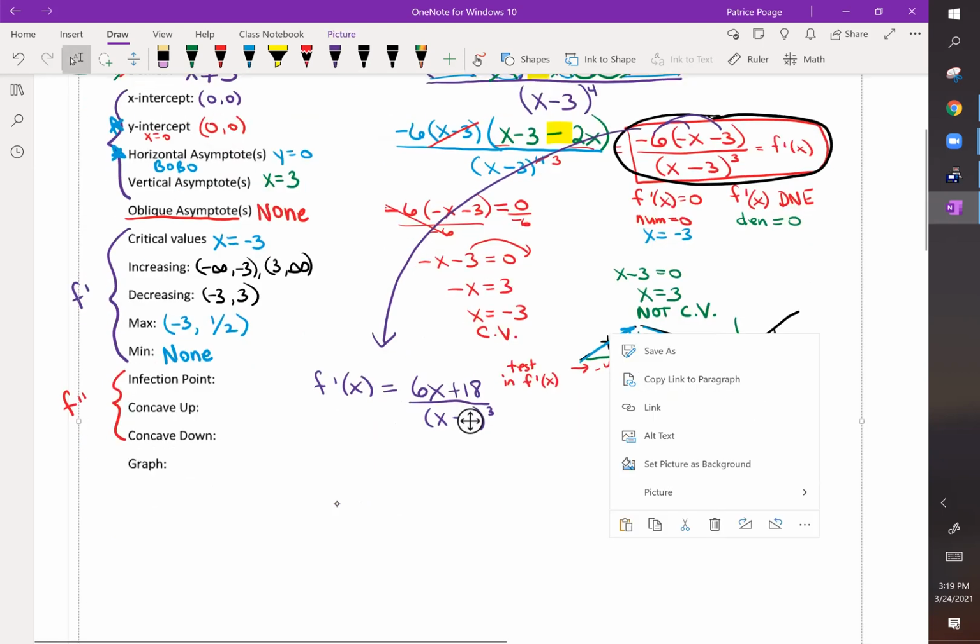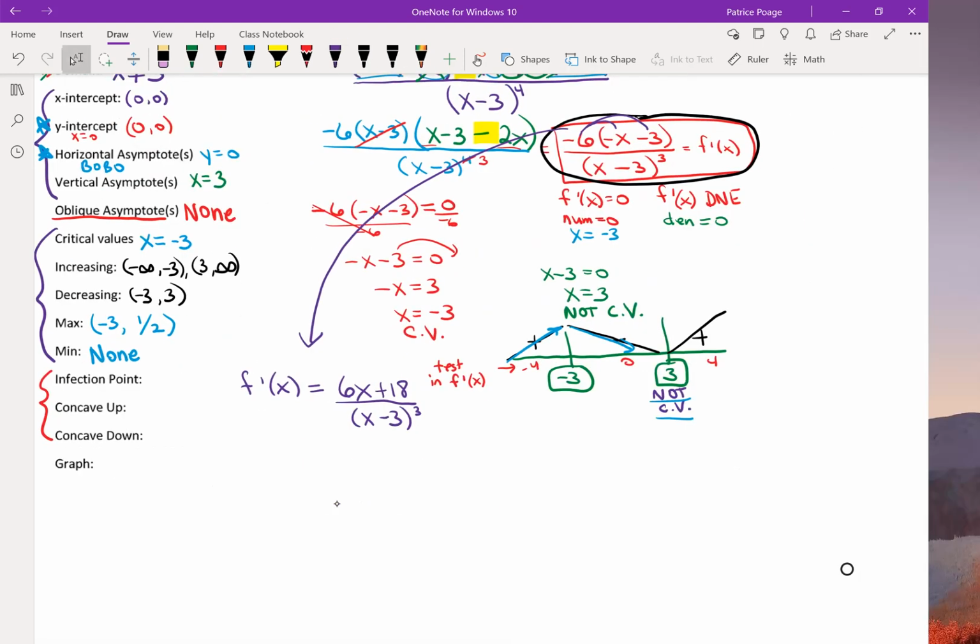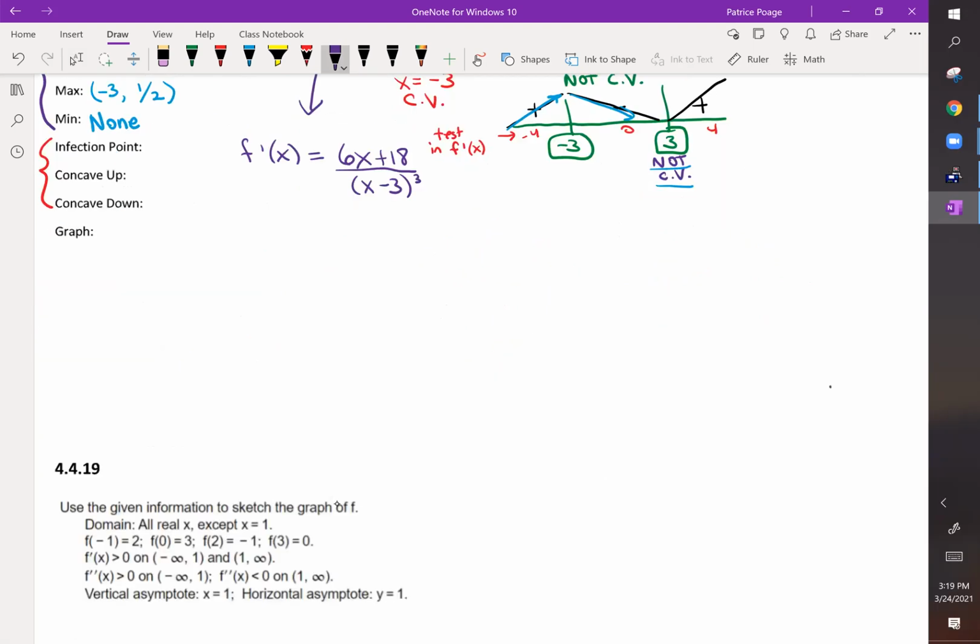All right. And then using the quotient rule, low d high minus high d low, I'm going to find the second derivative. So low, I'll just write it down. D high, derivative of the high is 6. Minus high, just write it down. D low, I have a bunch of junk to the third power.